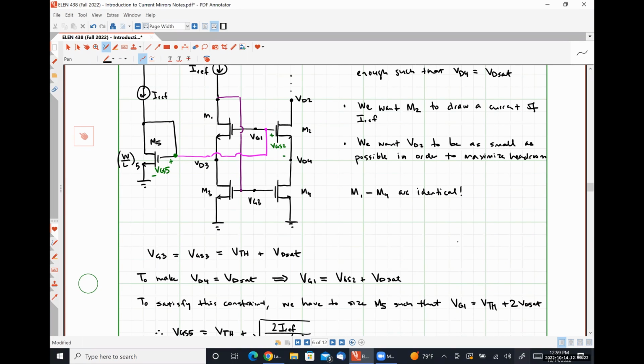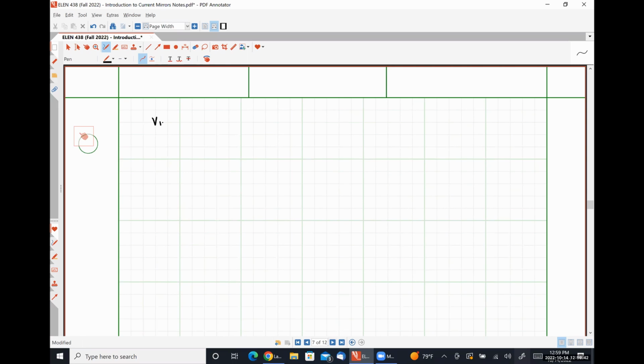So VDS needs to be greater than VGS minus VTH for saturation to occur. Since we're looking at transistor M2, VDS2 equals VGS2 minus VTH is our minimum requirement for saturation. So VDS2 needs to be at a minimum equal to VGS2 minus VTH.